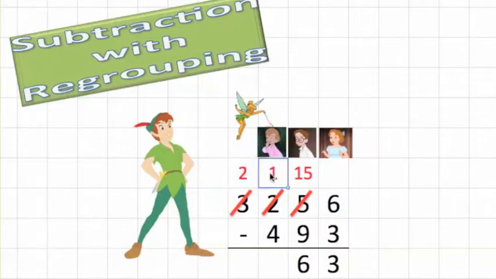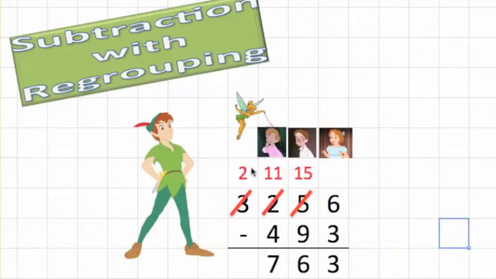And she's going to give 1 to Michael. Now we're going to add that 1 in front of whatever number this is, which is a 1. So in this case, I'm going to stick a 1 in front of the 1. And it'll become 11. Now we can do his problem. 11 minus 4 is 7.